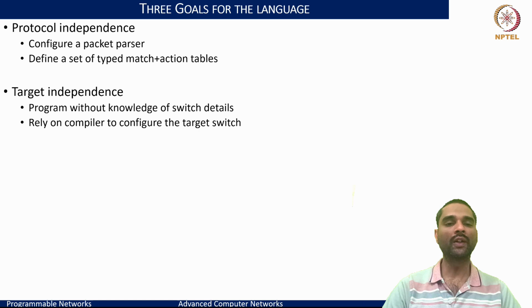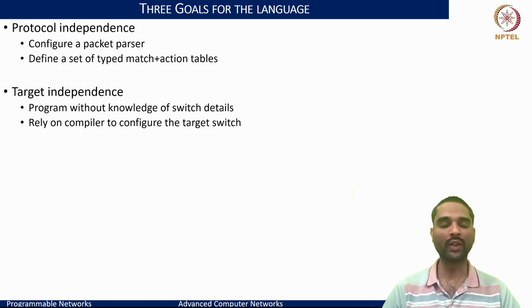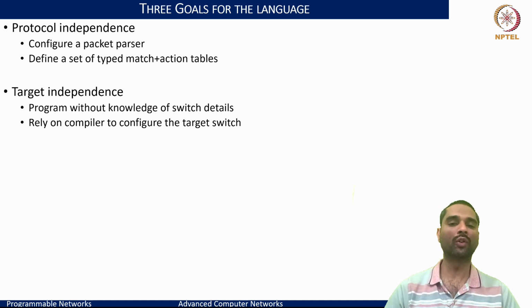But a compiler would take care of translating the high-level language into the hardware-specific language, like ISA-specific instructions to build the program. We would want similar aspects when we want to deal with the networks, so that we rely on a compiler to configure the target-specific aspects, but a program would be written without the knowledge of switch details.